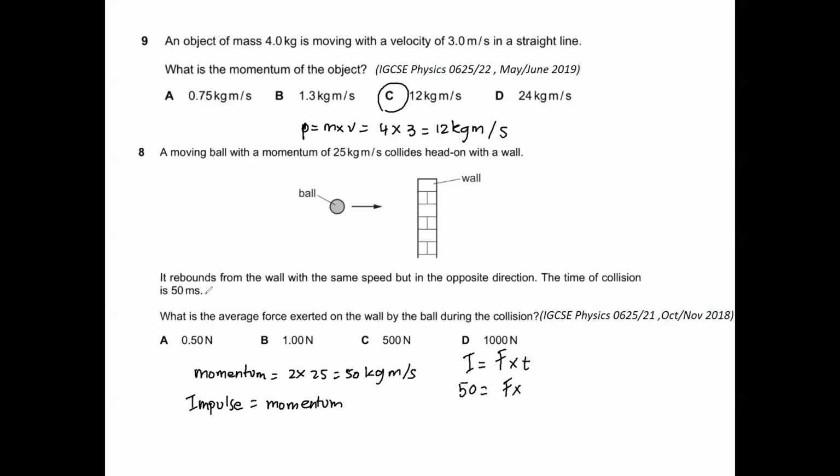The time must be in SI units, which is seconds, so we times 10 to the power negative 3, so it becomes 0.05 seconds. So force equals 50 over 0.05, which becomes 1000 newtons. So for this one, the answer is D.